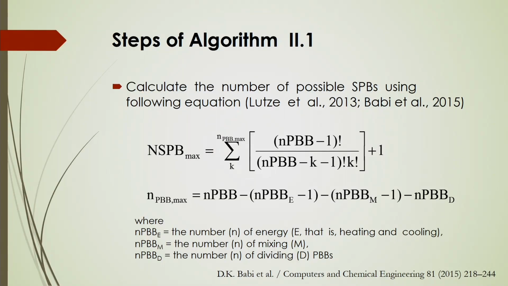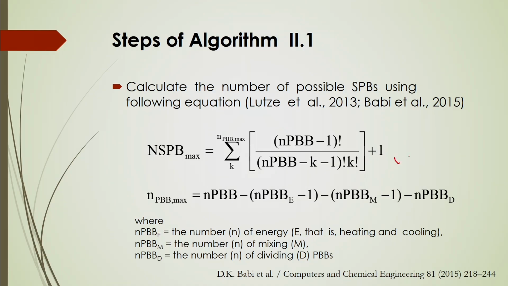And in this case, for the algorithm under set 2, the first algorithm, you have to calculate the number of possible simultaneous phenomena based building blocks. This number of possible simultaneous phenomena based building blocks is to be calculated based on n number of phenomena based building blocks.